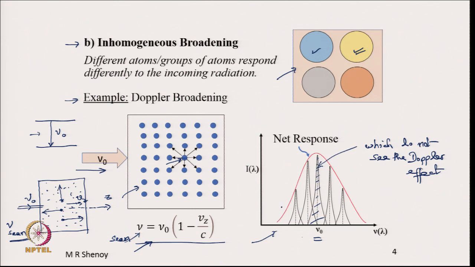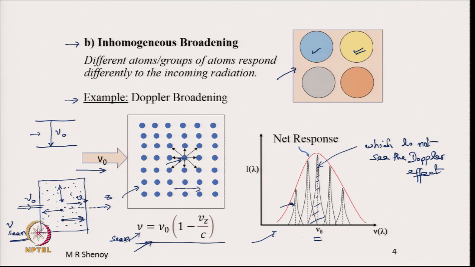These ones will see a lower frequency. Those atoms which are travelling away from the radiation, or in the direction of the radiation, will see a lower frequency, and they would not interact with this radiation, or their strength of interaction would be lower. And those groups of atoms which travel towards the radiation will see a higher frequency.